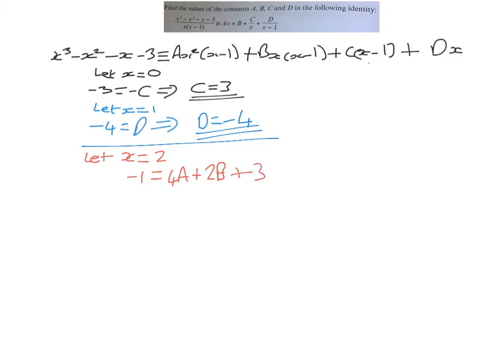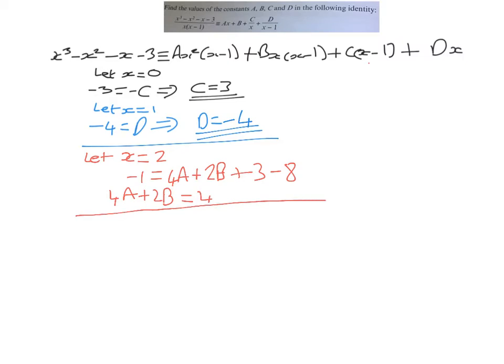And then we've got 2 lots of D, which is minus 8. So I can rearrange that to make 4A plus 2B equals 4. Just draw a line under that. I've just created the equation there.